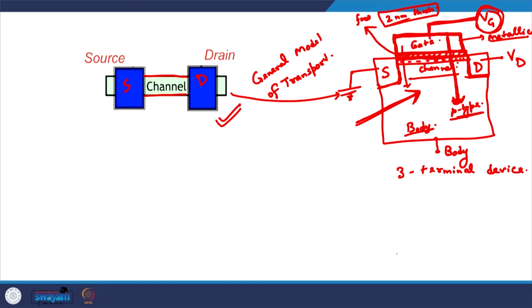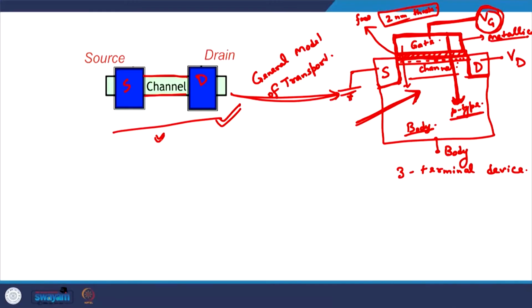So, most of the analysis of transport that we did for this 2 terminal device can easily be extended to the 3 terminal device, and that was essentially the point of first understanding everything about the 2 terminal device, like the device in this figure, and then generalizing that to the 3 terminal device that is shown here.